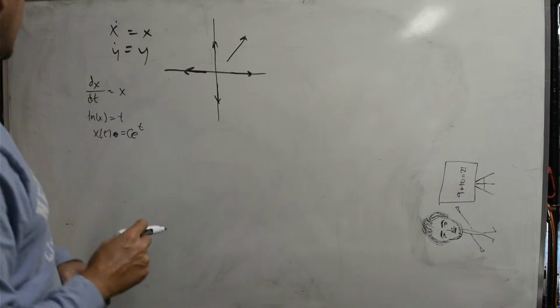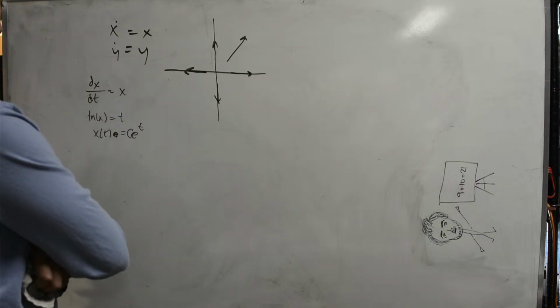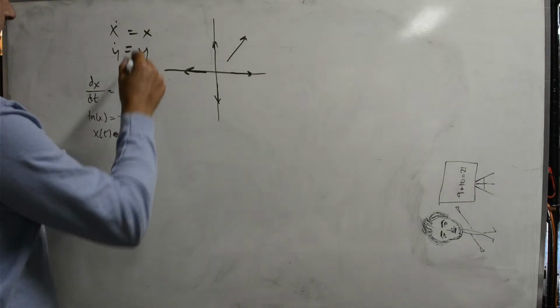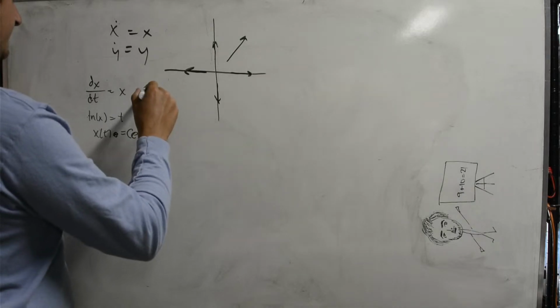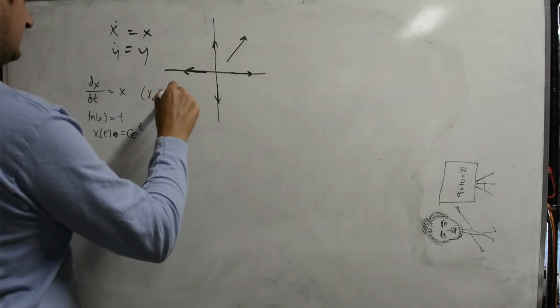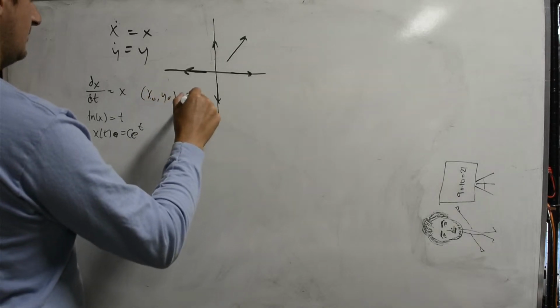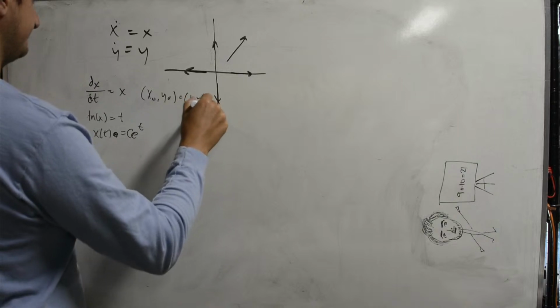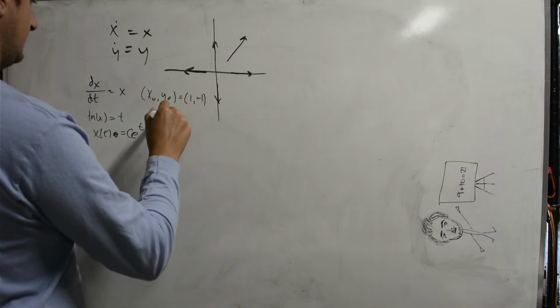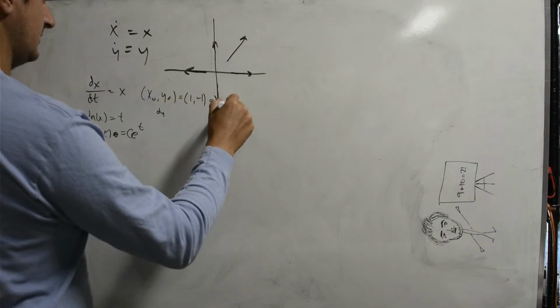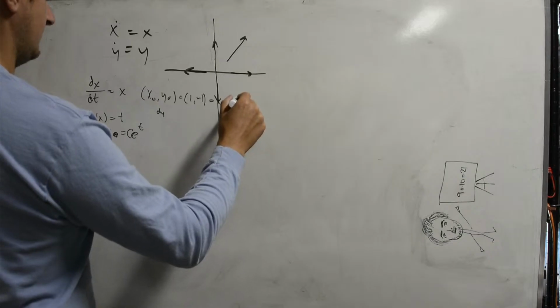Wait, but what does that mean? If x0, y0 is at 1, minus 1, then this is equal to 1.